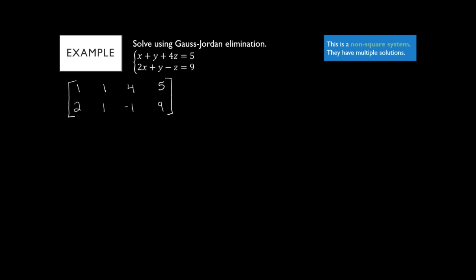And now we need to get a 0 in that lower left corner. We can do that by multiplying the first row by -2 and then adding it to the second row. So -2 times row 1 plus row 2, and then I'm going to replace row 2 with that.